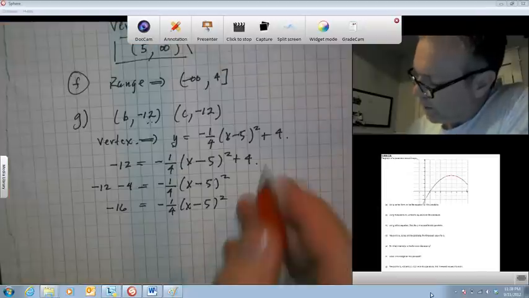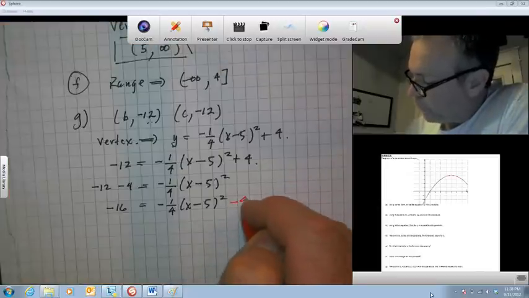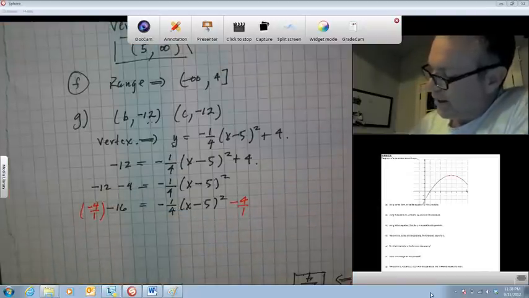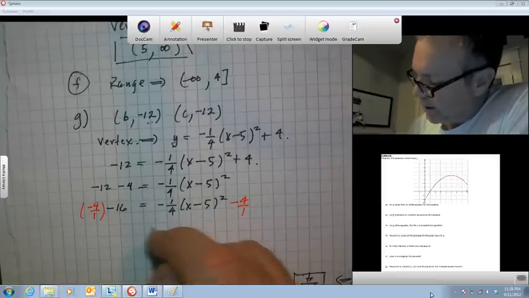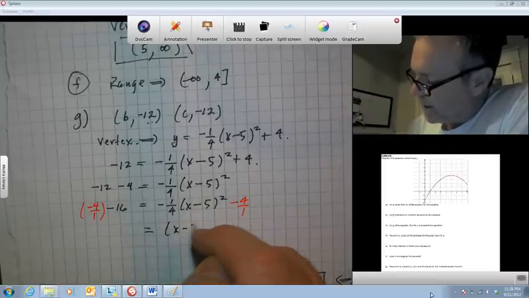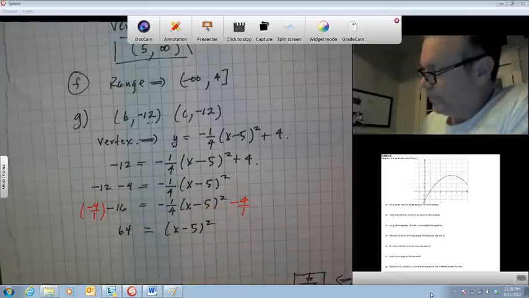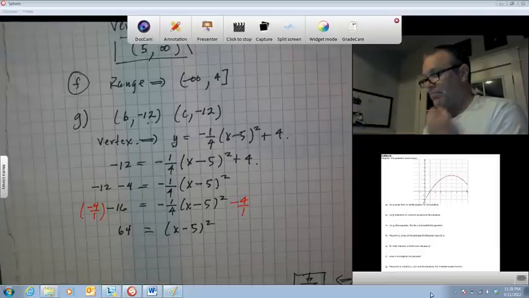Multiply both sides by negative 4. We're going to multiply both sides by negative 4 over 1, and this becomes quantity x minus 5 squared, and this becomes 64.